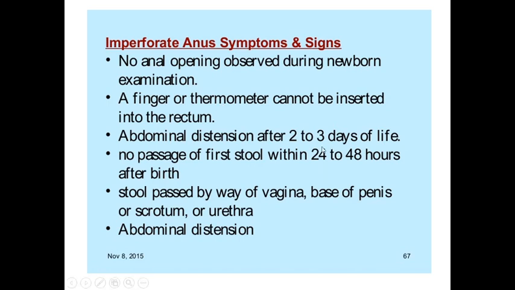As a result, there will be abdominal bloatedness. The abdomen will distend, and the stools can come out through the urethra in male babies, or through the urethra with urine, or through the vaginal opening in female babies. So these are the symptoms of imperforate anus.